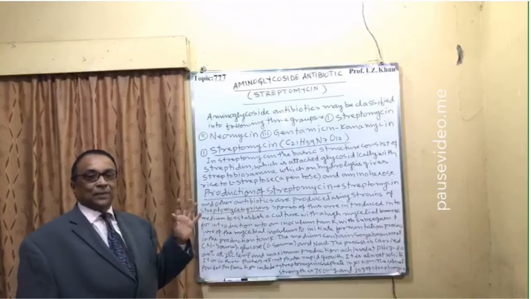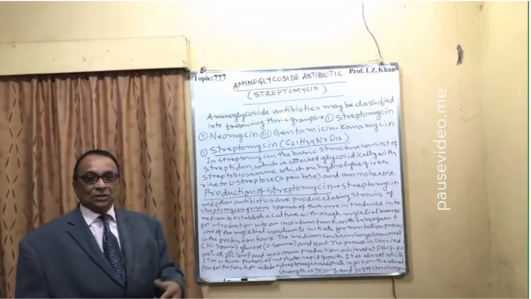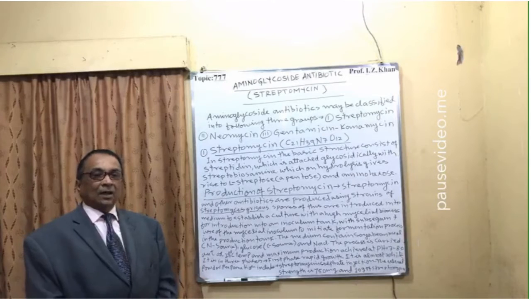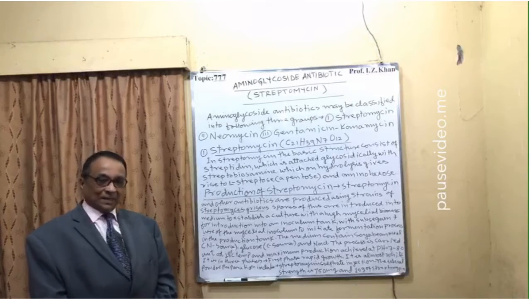So it is pentose and amino hexose linked with glycosidic linkage, and that is your streptomycin.